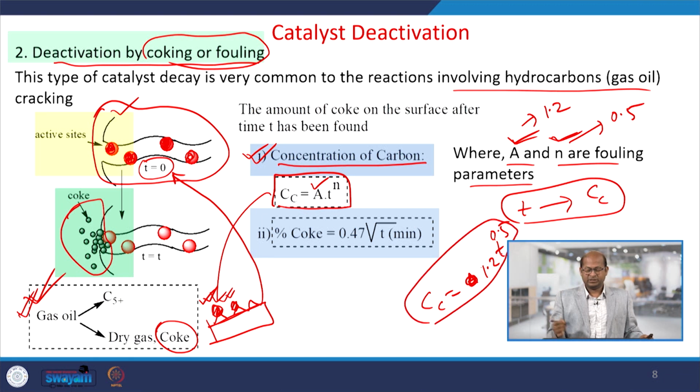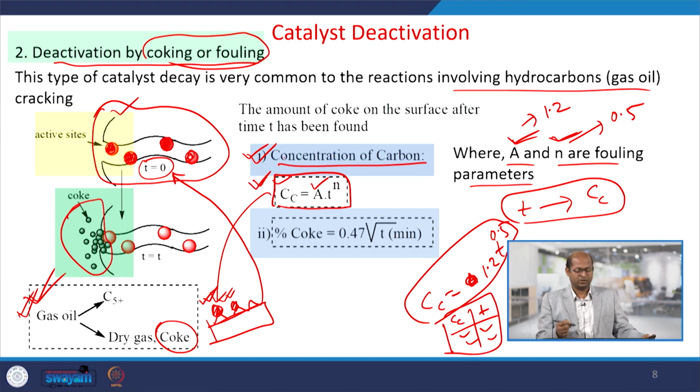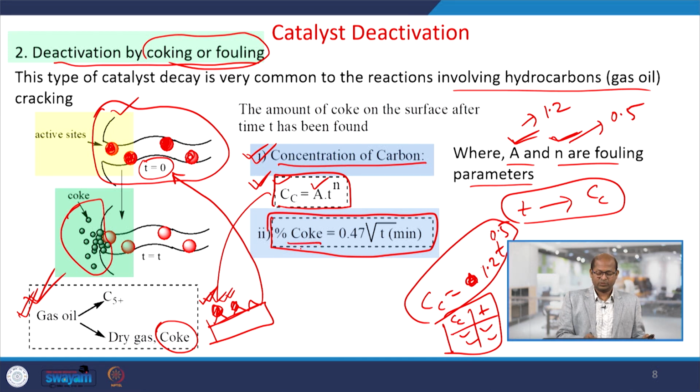Then with time, if you want to find the concentration of coke deposited from 0 to, let us say, 60 minutes, we can find it. Okay. So, this is the way we can use these correlations for our systems when there is coking or fouling. Similarly, another correlation is also available, where percentage of coke deposited is directly related to time.